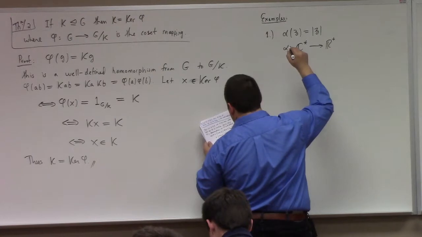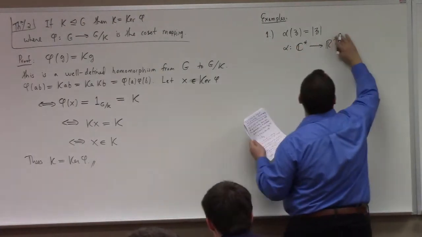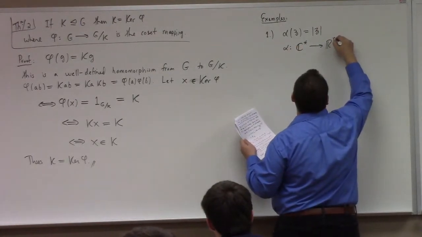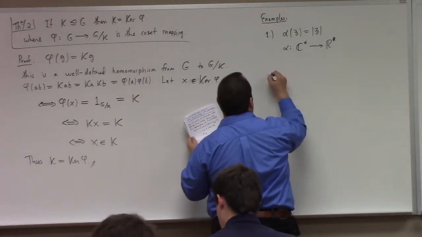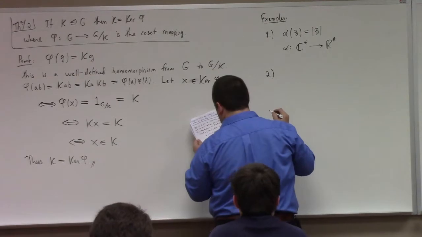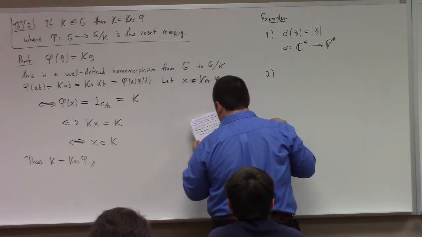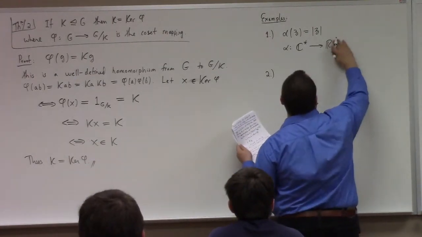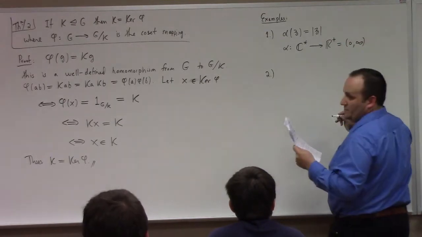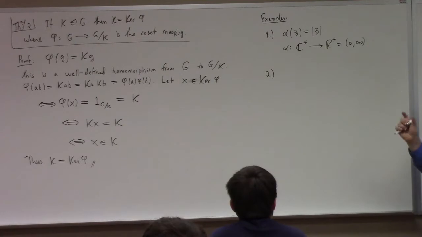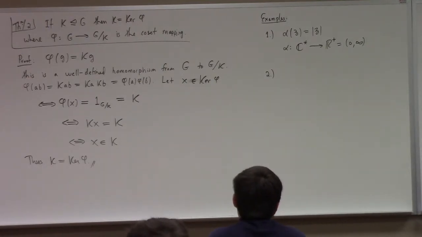Maybe that's supposed to be a star. I got a plus in my notes, but I think that's wrong. Oh, I'm sorry, I forgot my notation. So R plus is this thing, under multiplication.